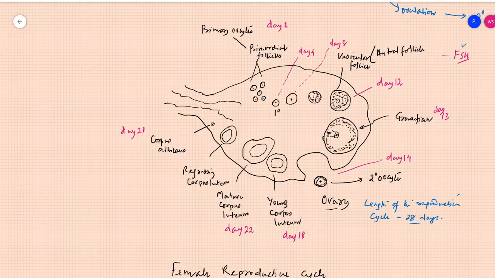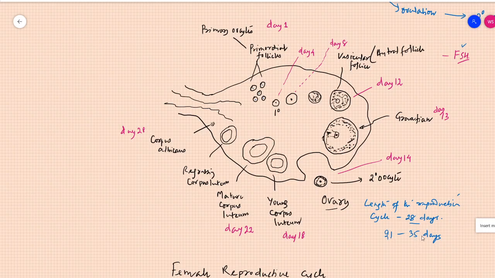The range is usually 21 to 35 days before it is considered pathological, meaning if you have a reproductive cycle less than 21 days, then one needs to look whether it has any underlying causes. It is not considered normal.